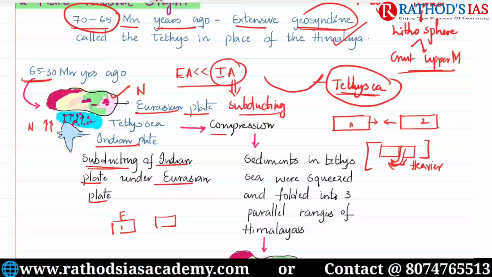Here we have the Tethys Sea, and in this Tethys Sea we have a lot of sediments. These sediments were raised and that led to the formation of Himalayas.